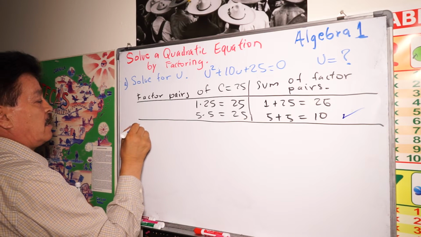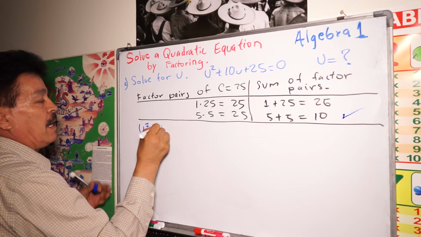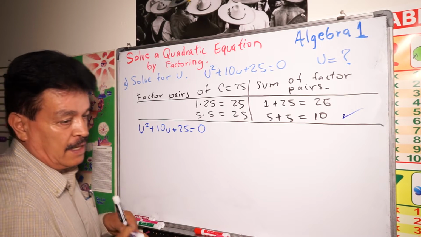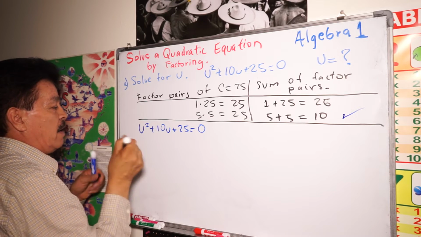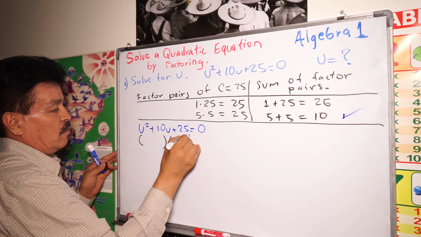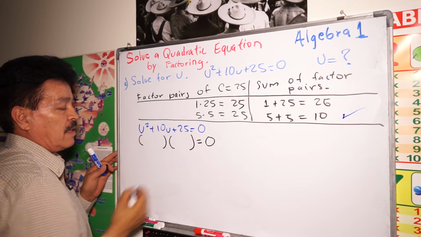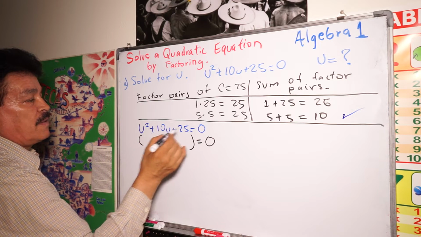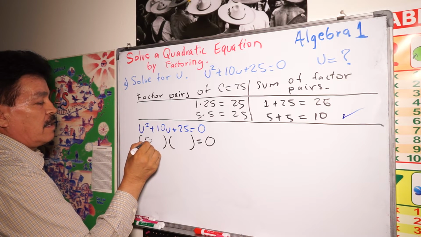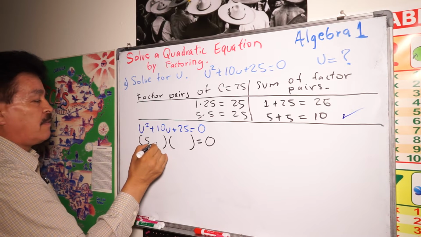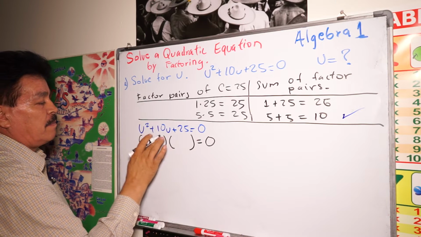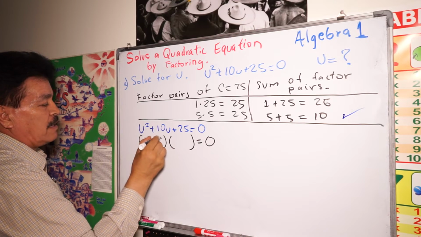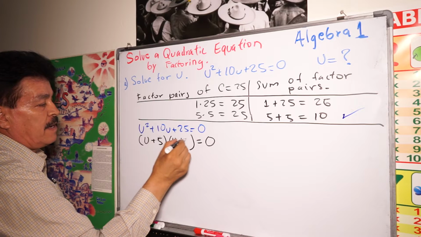Our equation is u to the second power plus 10u plus 25 equals 0. Now we have to find the factors. What are the factors? You already have them. So the factors are 5 and 5, then u plus 5 and u plus 5.